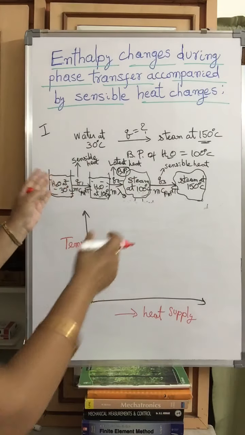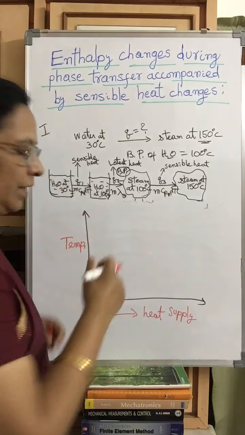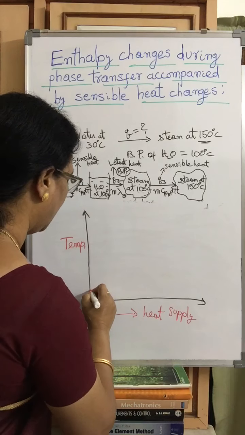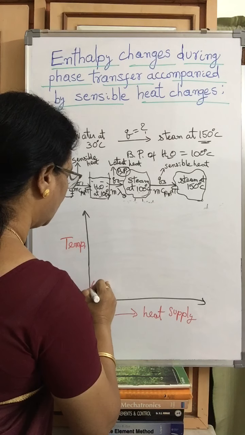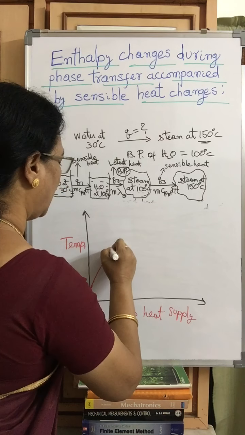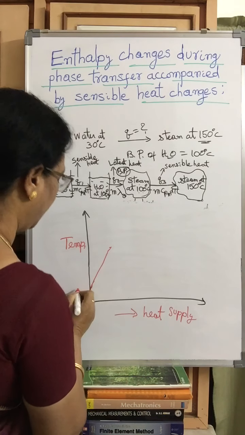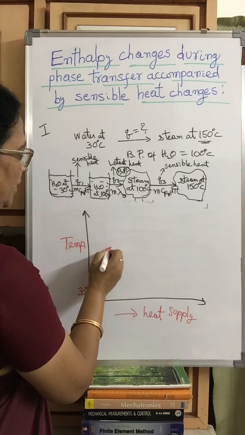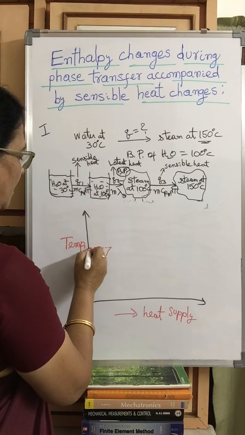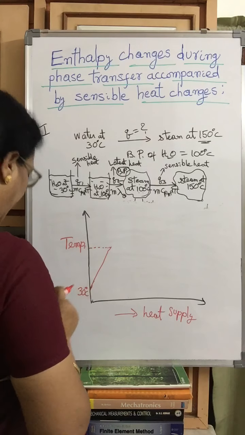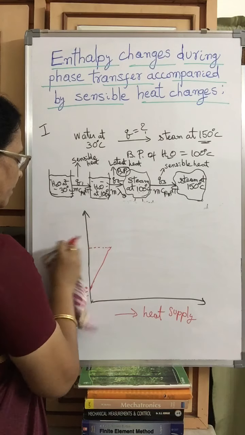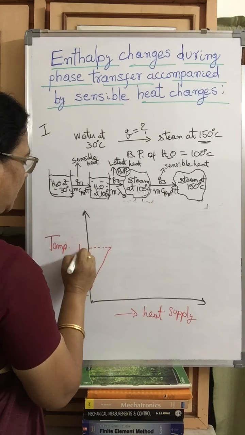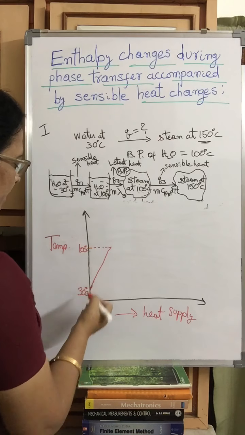If you want to show in the form of a graph, how this will be, initially temperature is 30 somewhere, so you will get a line up to here. So let it, this is initially 30 degrees centigrade. Now this will rise up to 100 here. Okay, this can be 100 degrees centigrade.